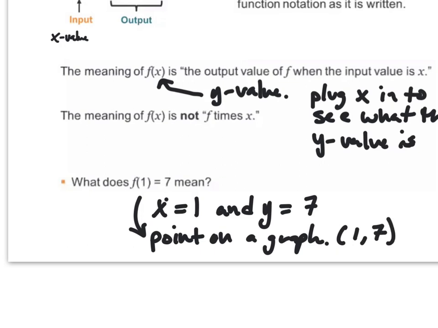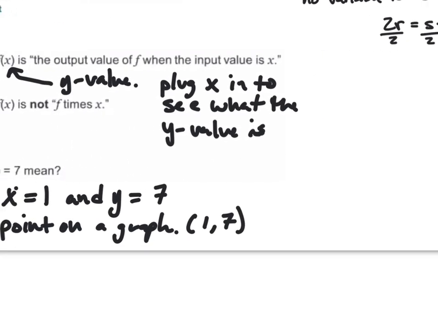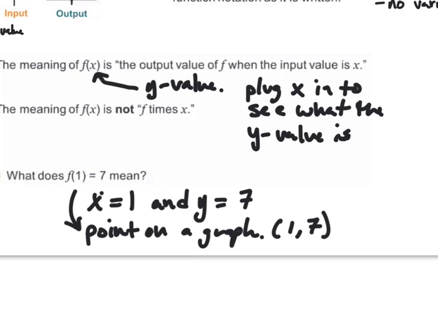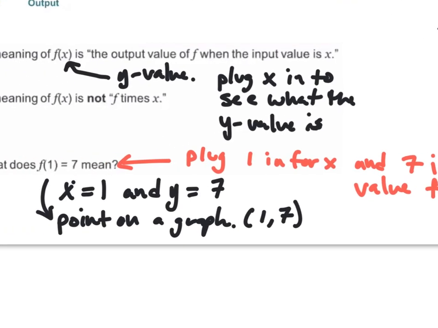Here's what you have to think about: you plug 1 in for x and 7 is the value for y. And that's what that means.